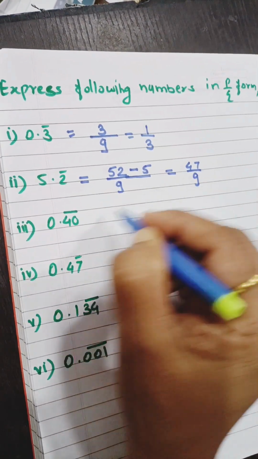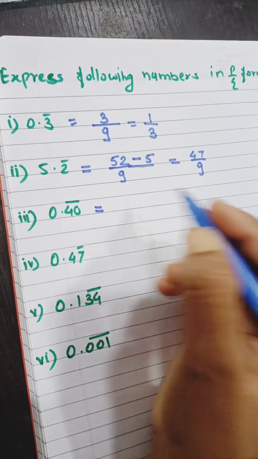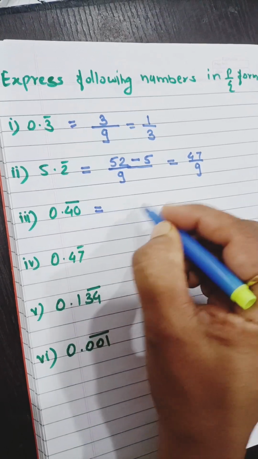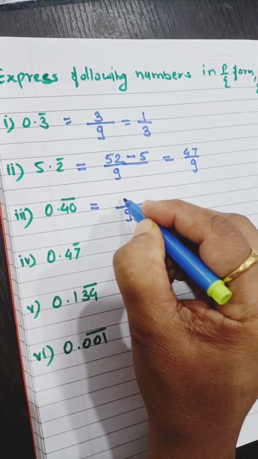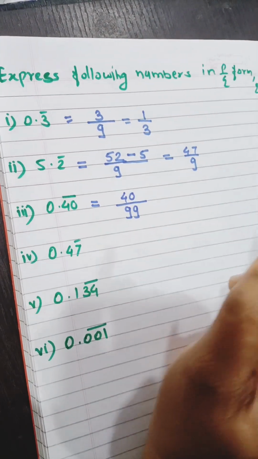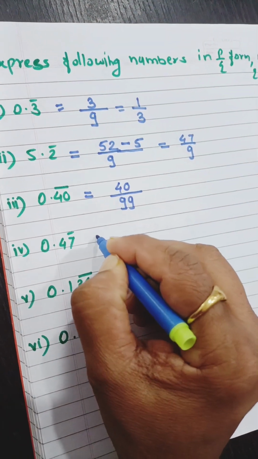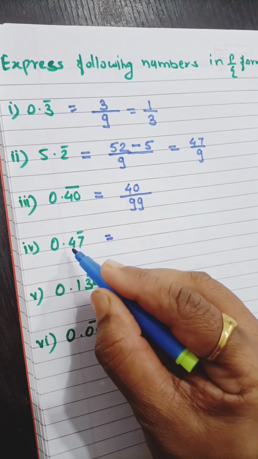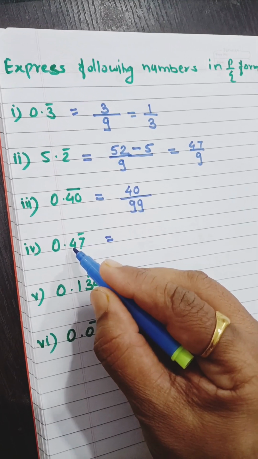Done. Okay. Next, 0.40 bar. Now after decimal there are two digits which are under bar. So in the denominator we will have 99. And in the numerator simply write down 40 without decimal. And this is the P by Q form of 0.40 bar. Next. Now here after decimal there is one digit which is under bar and one digit which is not under bar.